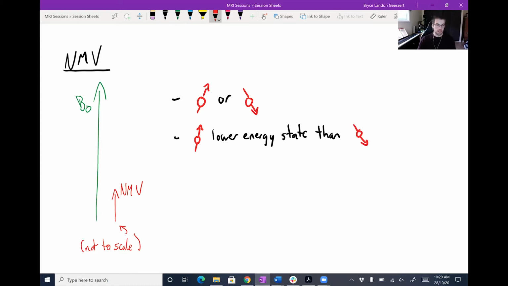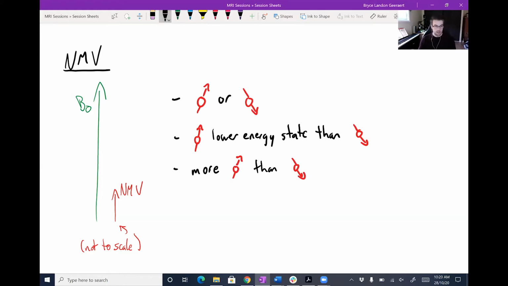So there's a slight surplus of hydrogen atoms that align upwards, producing this net magnetization vector that has an orientation with the main magnetic field. And what I didn't mention, so I'll make that note here, is that there's more up than down because of the above note.